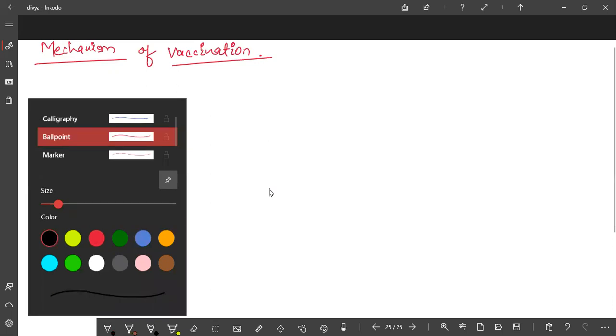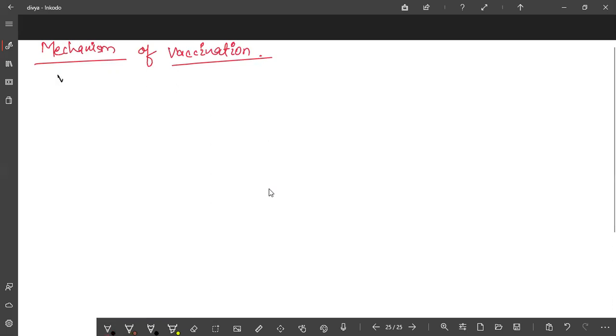How will this work? So simply vaccine. And what is vaccine? It is a preparation of antigen or pathogen. It may be a whole organism, or it may be the weakened or attenuated form of microbes. Because suppose in a vaccine, for example a COVID vaccine, functional coronavirus is present, then what will happen?